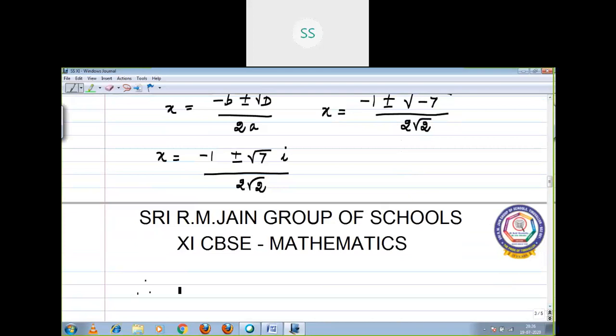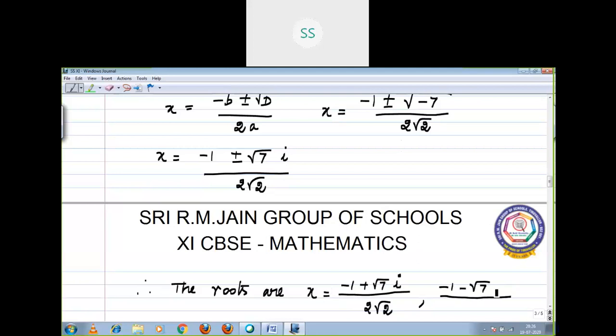Therefore, the roots are x equal to minus 1 plus root 7 i divided by 2 root 2, comma, minus 1 minus root 7 i divided by 2 root 2.